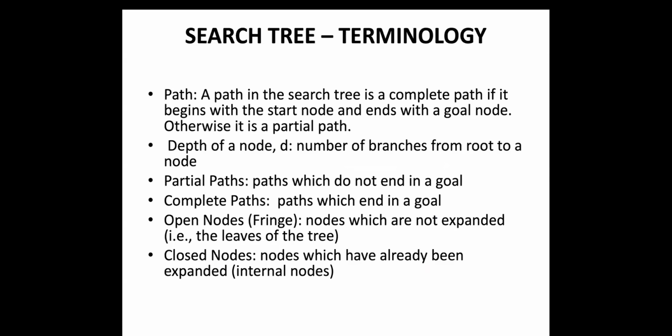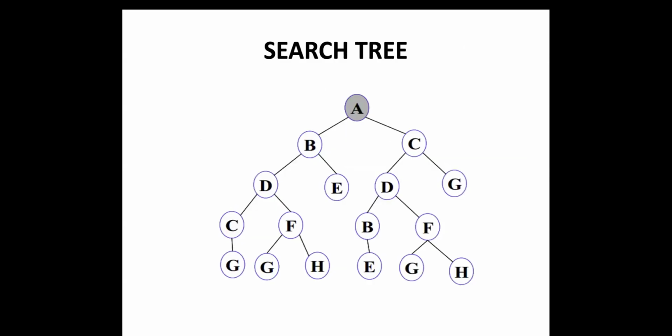So each of these is called a level. This is level 0, level 1, level 2, level 3, level 4.